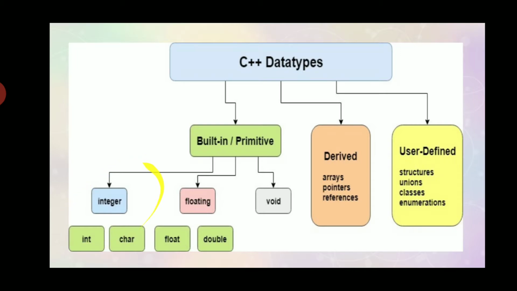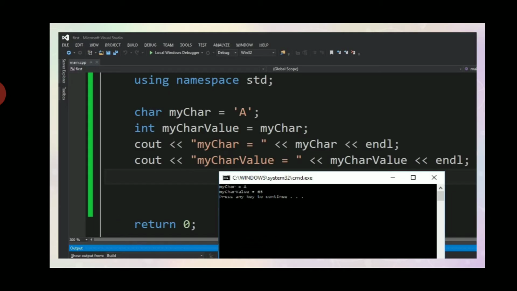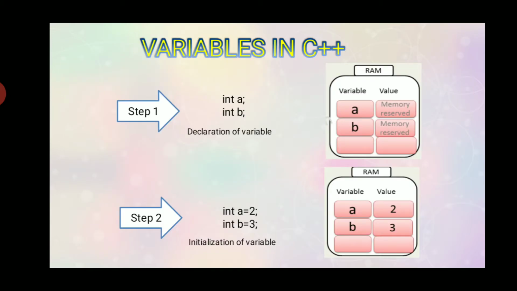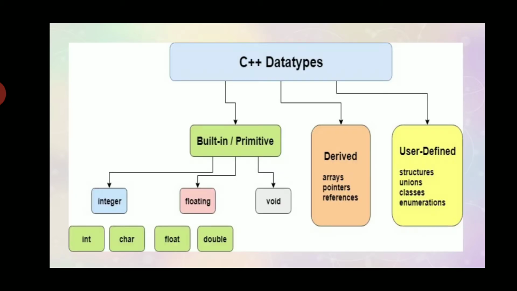There is one more concept. When you declare the variable's data type, it takes some space in memory. Like you can see here, a and b have been given some space, in terms of bytes. Int takes 2 bytes.